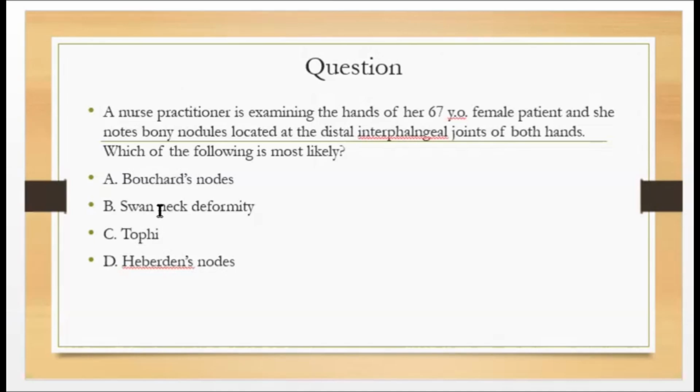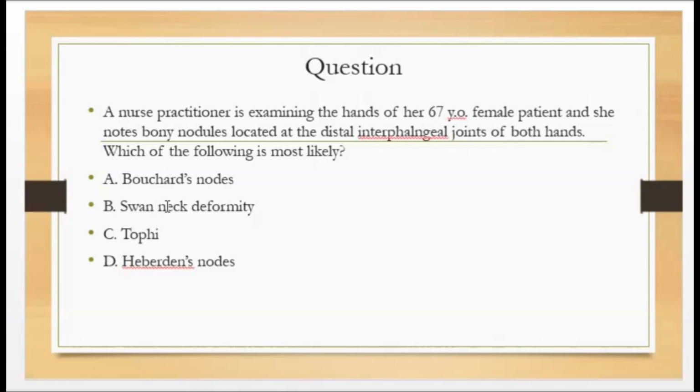Another thing you need to remember: people that have rheumatoid arthritis are going to have swan neck deformity. Osteoarthritis does not have swan neck, okay? Rheumatoid arthritis has swan neck deformity, and rheumatoid also has Bouchard's nodes, and another thing we call boutonniere deformity.